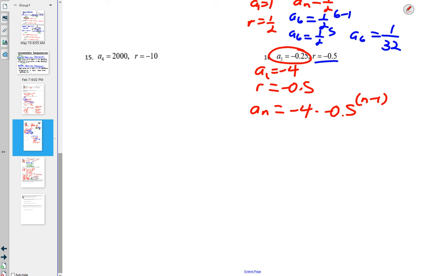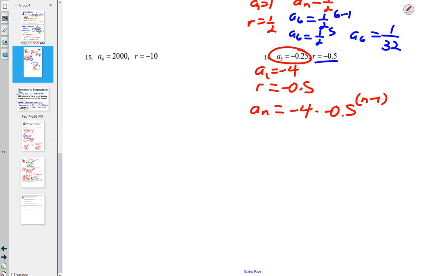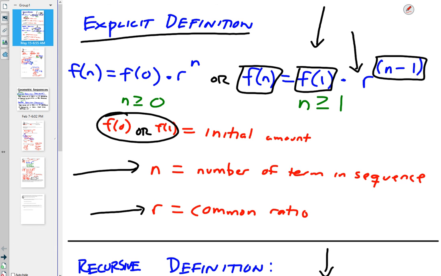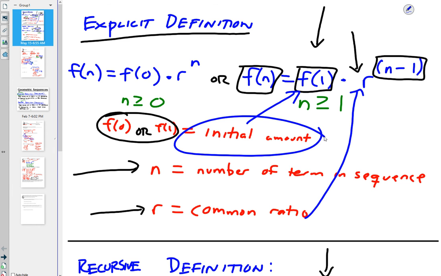Also, I'd like to point out for the record that you also do not have a calculator. Is anybody that does have a calculator confused? All I do is go backwards. In order to be able to write the explicit definition, I need the initial amount, and I need a common ratio. They gave me the common ratio.